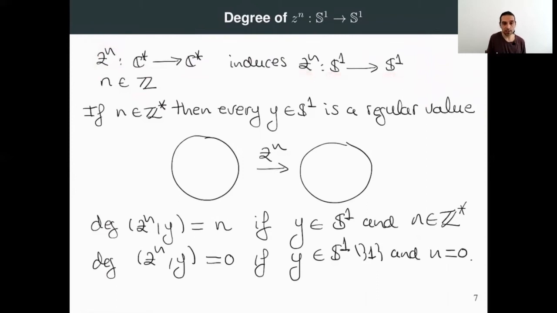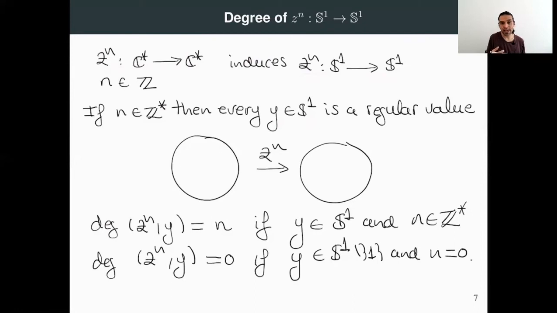And if n is different from 0, then every point in the circle is a regular value. If you consider this map in polar coordinates, it is just the map that sends theta to n times theta.